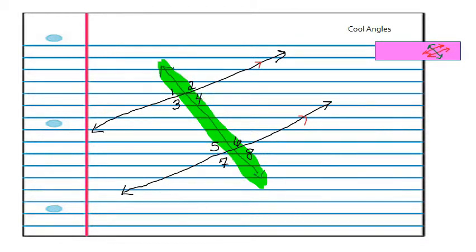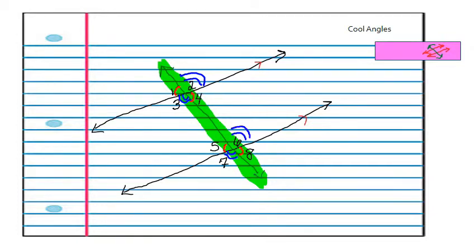Now the last one we're going to look at is, and I'm just going to do a little bit of redrawing of my lines here, my angle congruencies. Here's the blues. There's the blues.